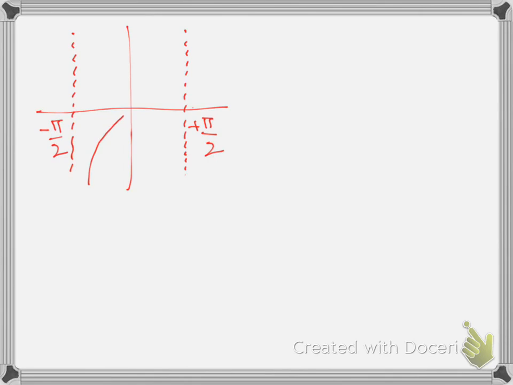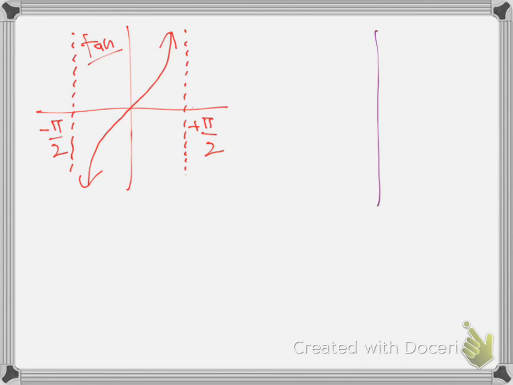So here, let me put tangent up one more time, real quick. Negative pi over 2, positive pi over 2, tangent. So there's tangent again one more time. Okay, now what is cotan going to do?